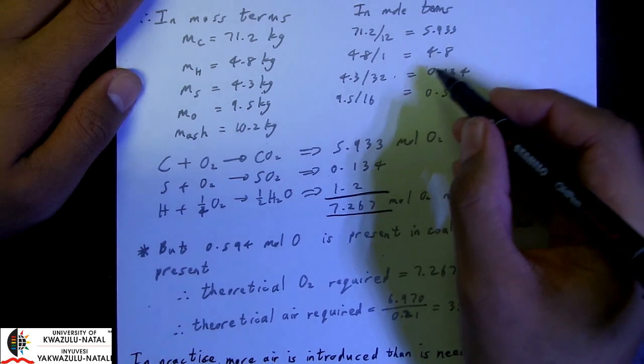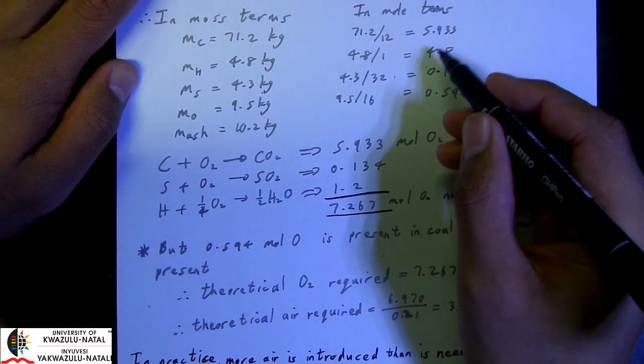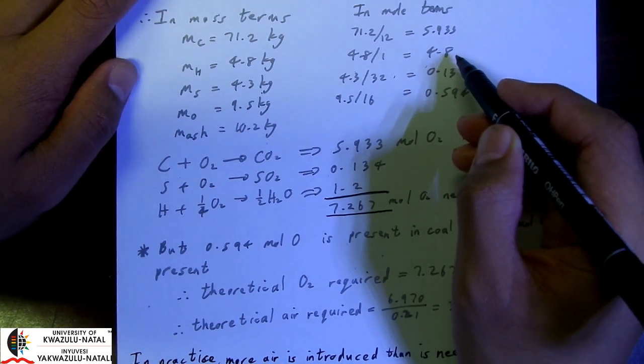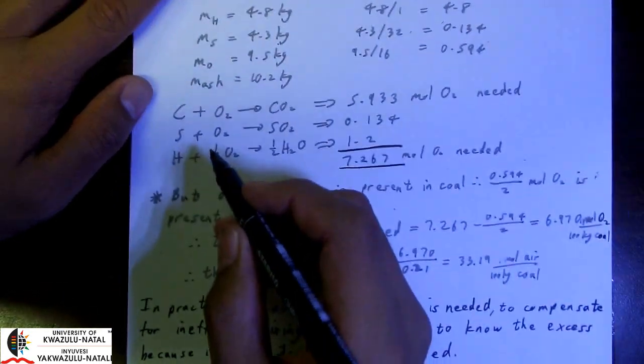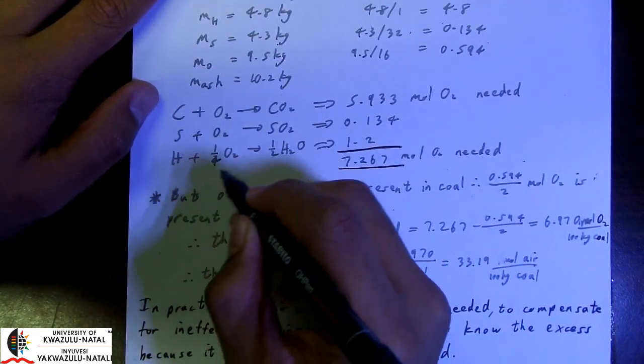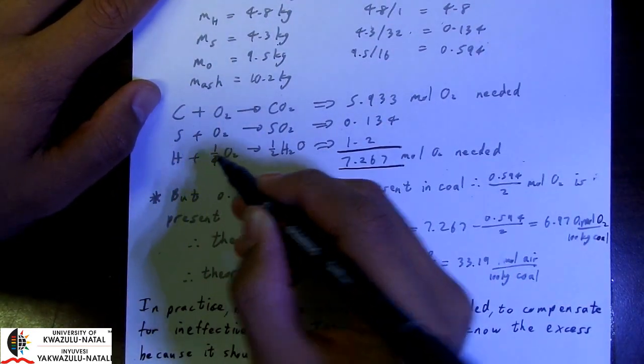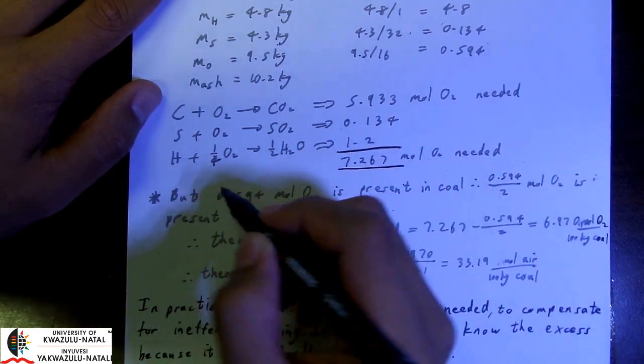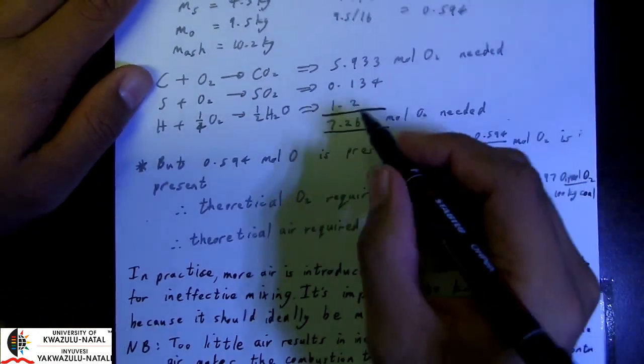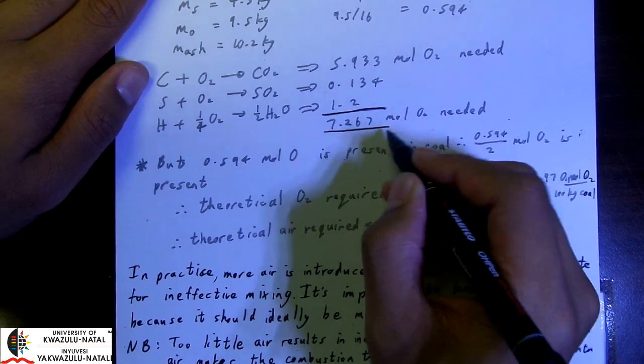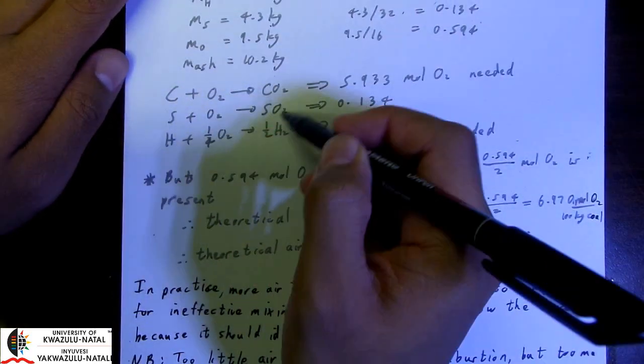And we have 4.8 moles of hydrogen in our coal. Stoichiometrically we will need a quarter of that, so that's 1.2 moles of oxygen. So this is the amount of oxygen that's needed as per these reactions.